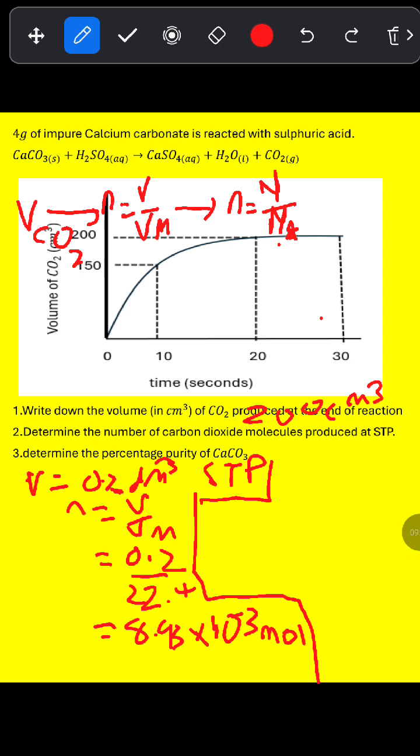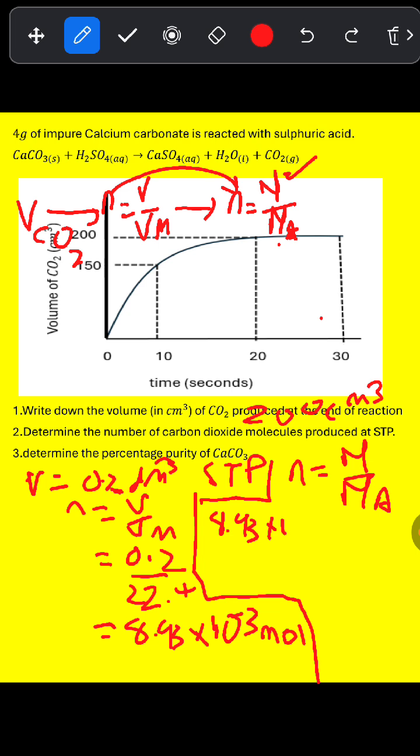Now, from getting this number of moles, I use them in this equation so that I can get what this one is. So I say n is equal to N over Na, right? Now, the number of moles, I already know it is 8.93 times 10 to the power negative 3.